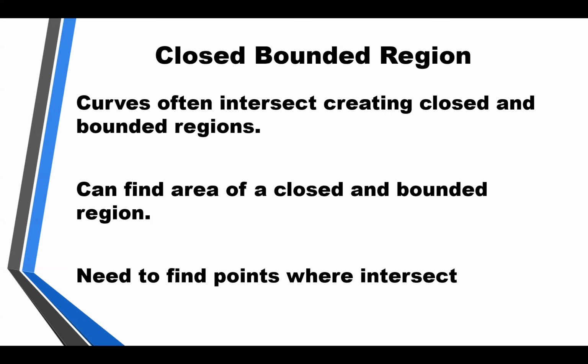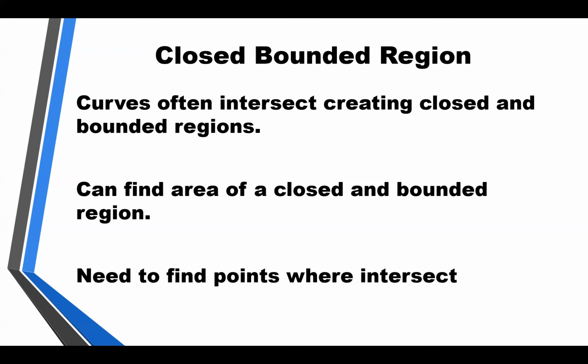Again, closed means it's completely contained, where its boundary is formed by the curves we're talking about, and bounded means it's finite. So closed and bounded regions are often things that we want to find the area of. When I do that, to find the x-bounds, a lot of times I'm going to need to find the points where the two curves intersect.